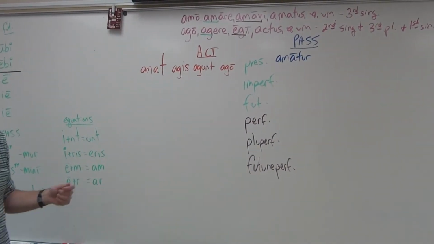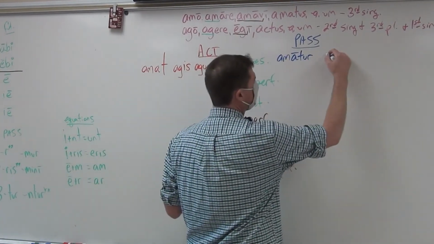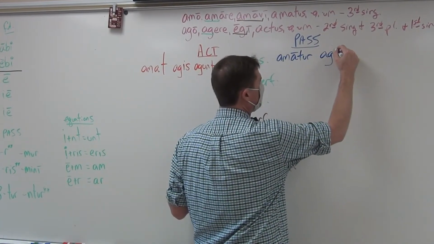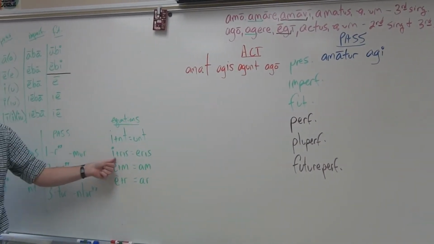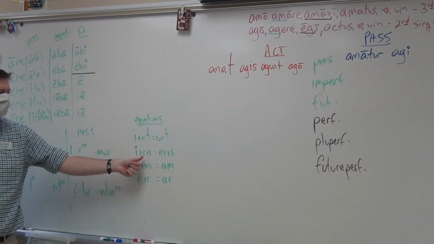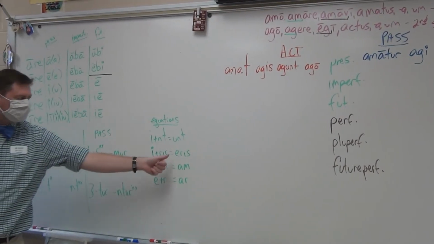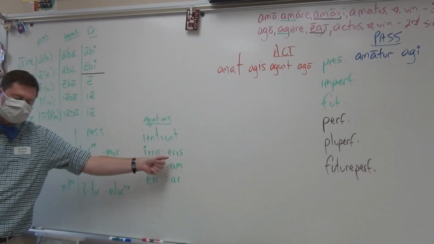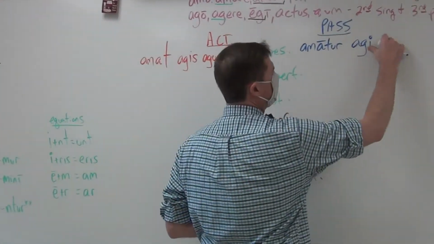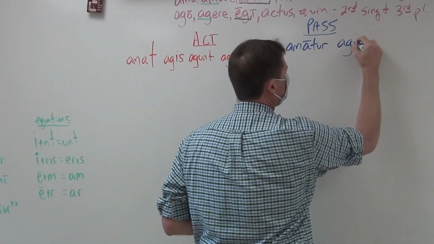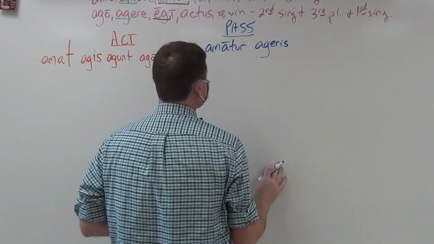No big deal there. Same thing here, present stem, my vowel is still an I, but now we have to remember that there is an equation. Long or short I plus -ris is going to create what looks like a short e-ris, but in fact, that short e is not a short e. It is actually an I in disguise. So it would look like ageris.